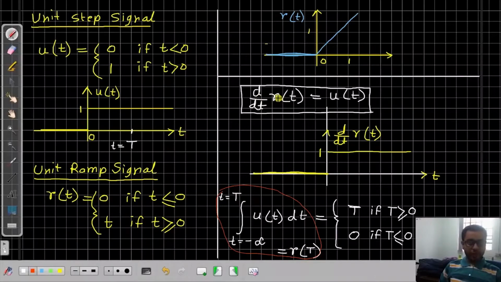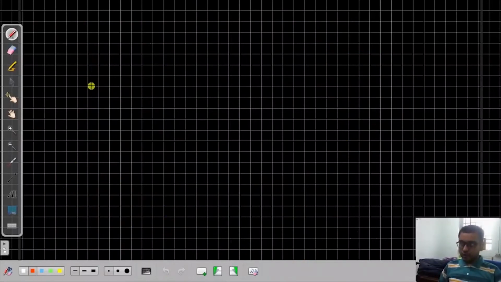The derivative of the ramp function is same as the unit step function. Now I shall ask the question: if I differentiate d/dt a unit step function, what shall I get?